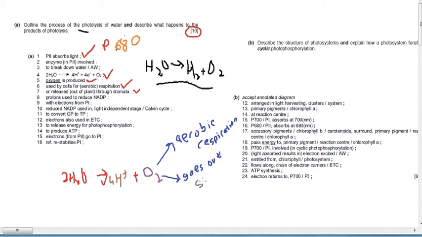So the fate of oxygen is in two ways. It either goes out or it goes in aerobic respiration. Now let's see where this proton goes. Okay, protons are used to reduce NADP.